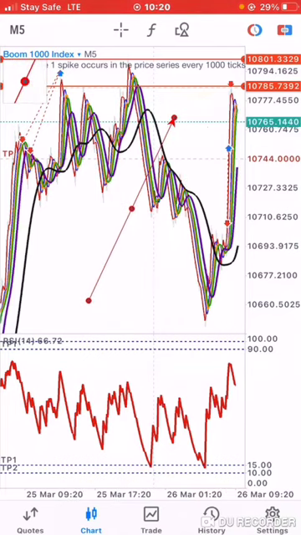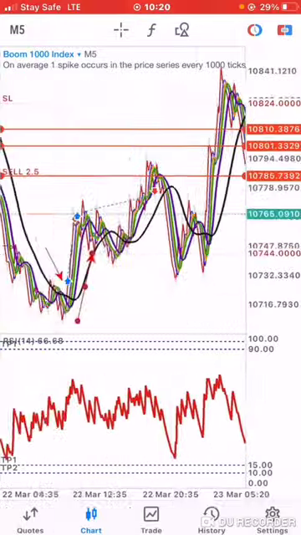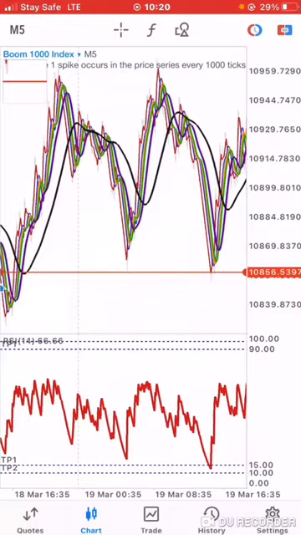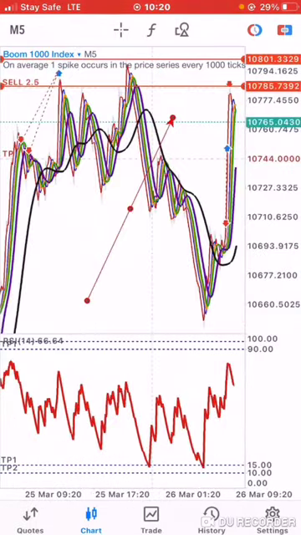So anytime you are trading any instrument, be it Boom and Crash, be it Step Index, Range Break, anything, all you need is to understand the market structure. Understand what the market is doing. Understand what the price action is telling you by mainly looking at it with your own naked eyes.